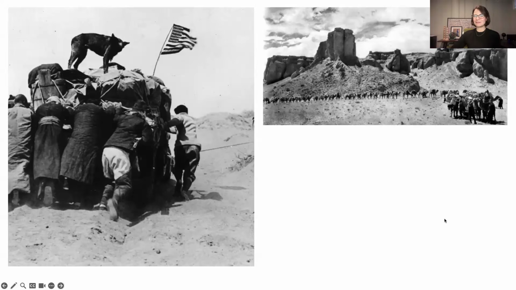These camel caravans would drop supplies along the way. They would go out ahead of the cars, drop supplies, and by the time the cars caught up with them, they would have everything they needed to go collect for a few weeks in a certain spot. The camel caravans would just keep going and keep dropping supplies along the way. So it was a really interesting way to run an expedition.